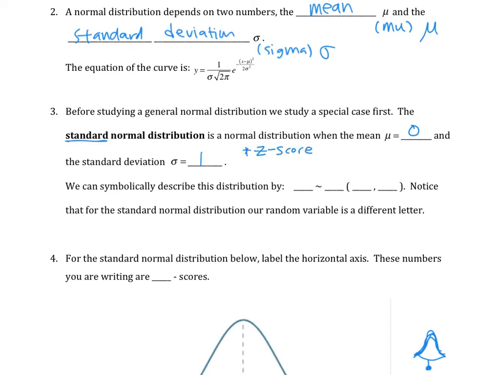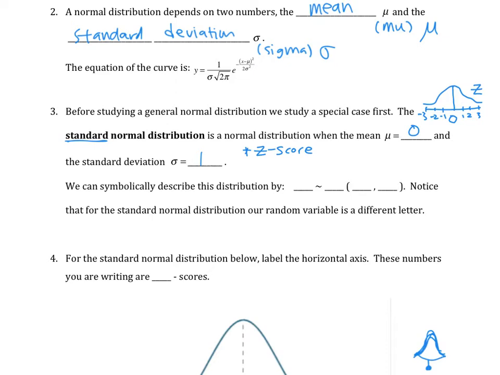When we talked about z-score, we had 0 in the middle and then we went by 1, 2, 3, and negative 1, negative 2, negative 3. So when we did z-score, we were talking about the standard normal distribution.